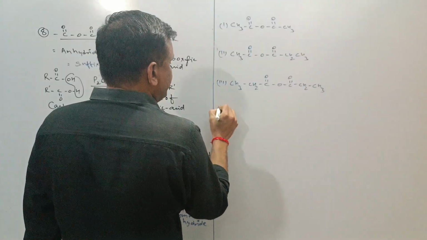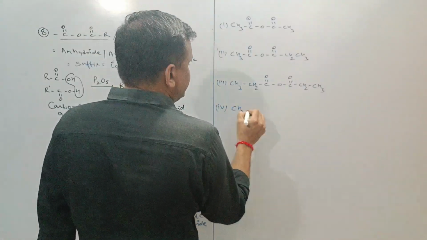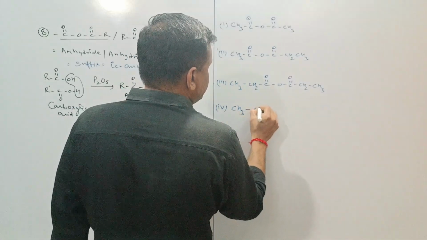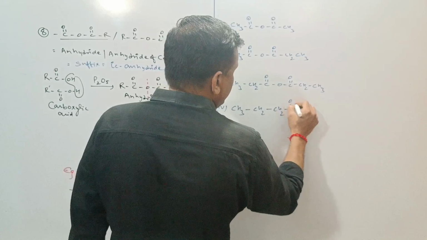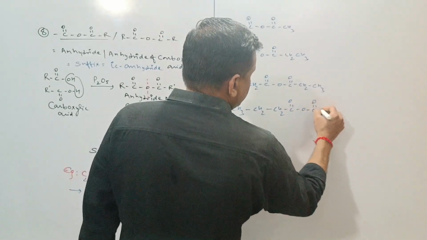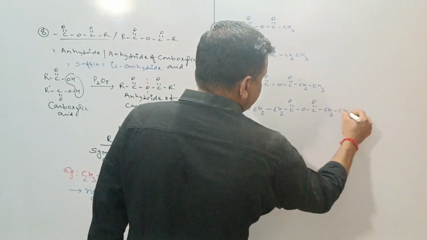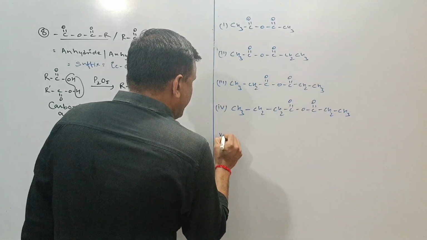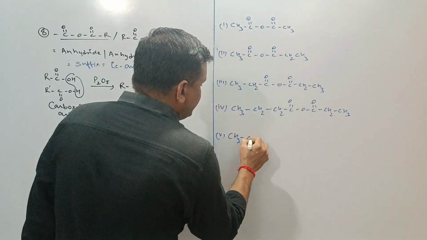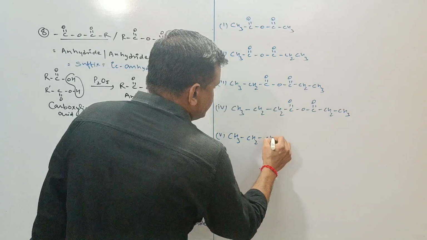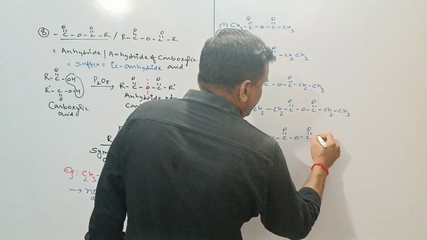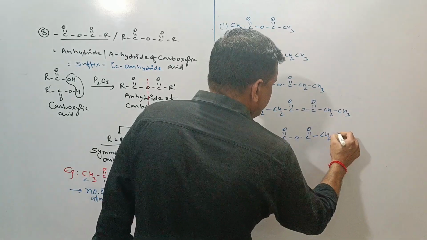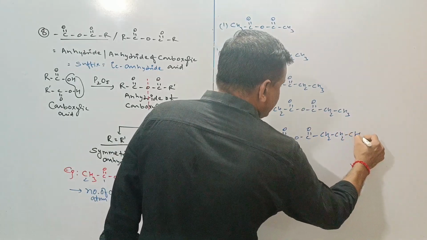Fourth example, we can take CH3CH2CH2COOCOCH2CH3. Now the fifth compound, you can take CH3CH2CH2COOCOCH2CH2CH3.